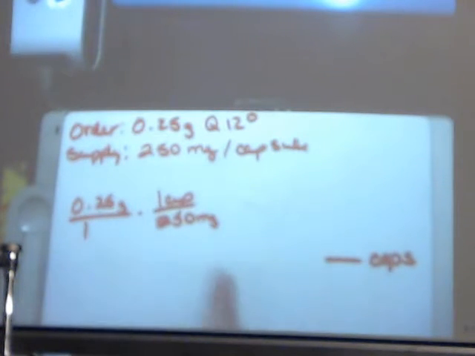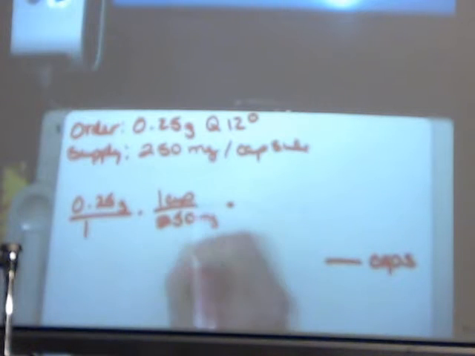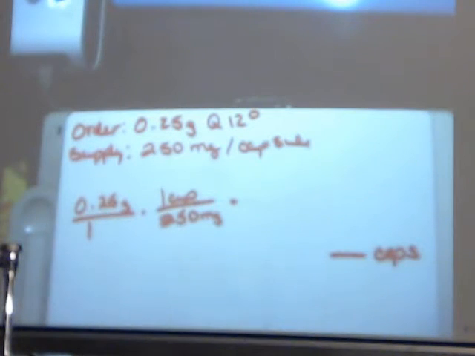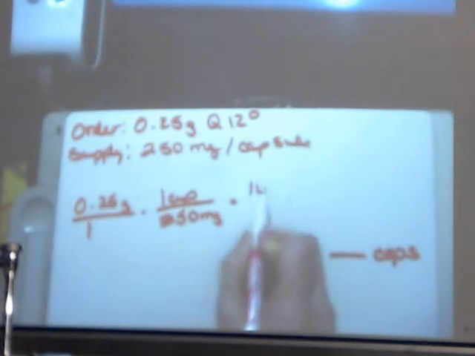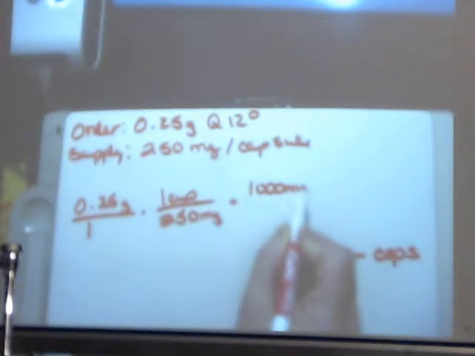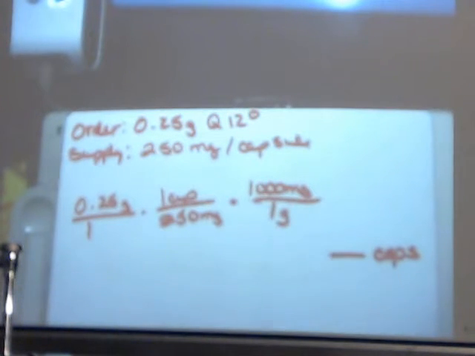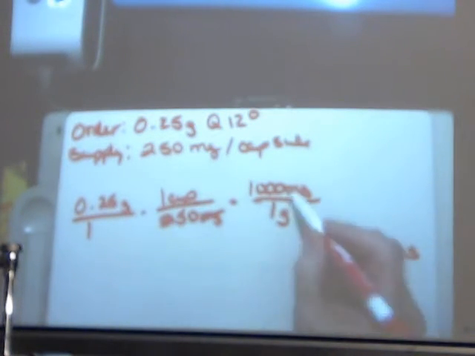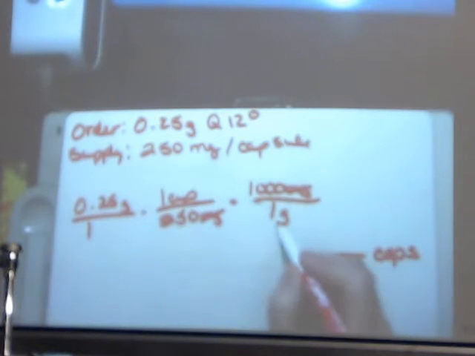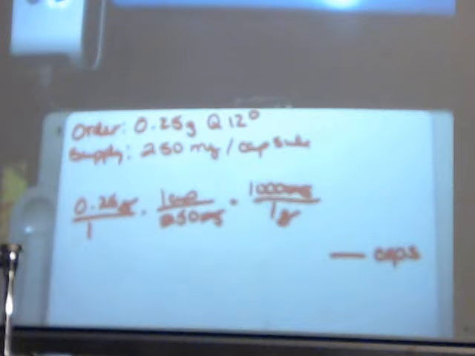Well, I can't cross out grams or milligrams, so I have to put in a conversion. To convert grams to milligrams, my milligrams is on the bottom here, so I need my milligrams on the top so I can cancel it out. So there's 1,000 milligrams in 1 gram. Now I got rid of my milligrams, and I can get rid of my grams, because they're opposite each other. I can cross cancel those out.